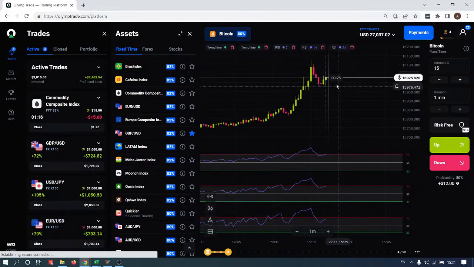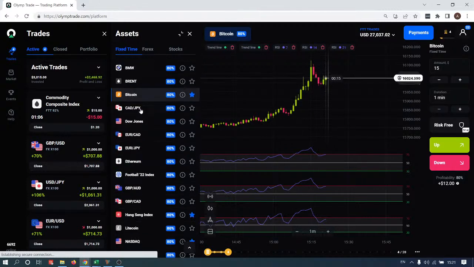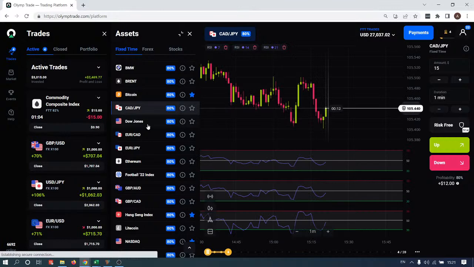All right, so now what I want to do is I will probably wait for the next signal from Bitcoin. I will not use the current one because I've already traded it a few times. So I will wait for another one.